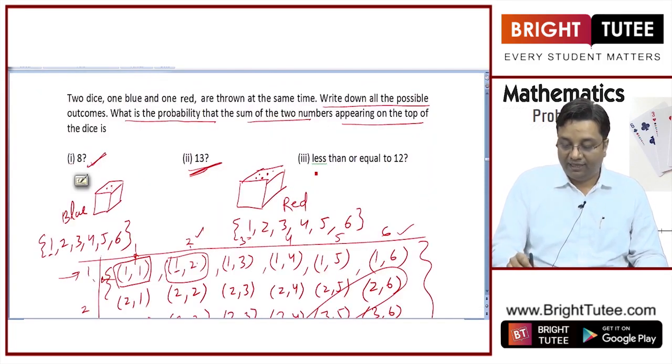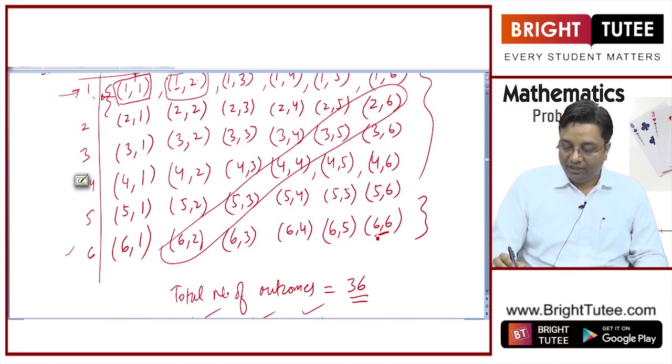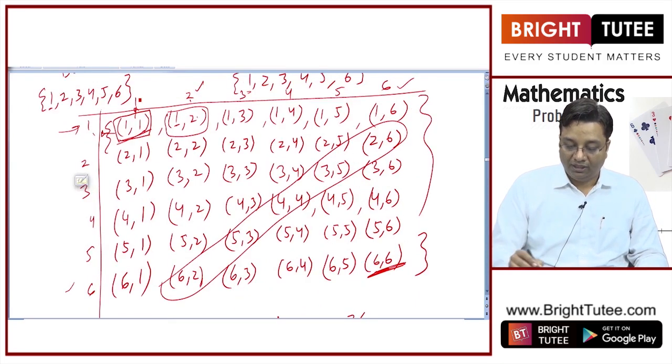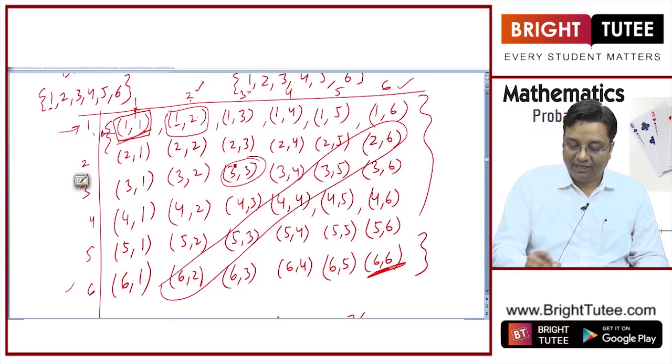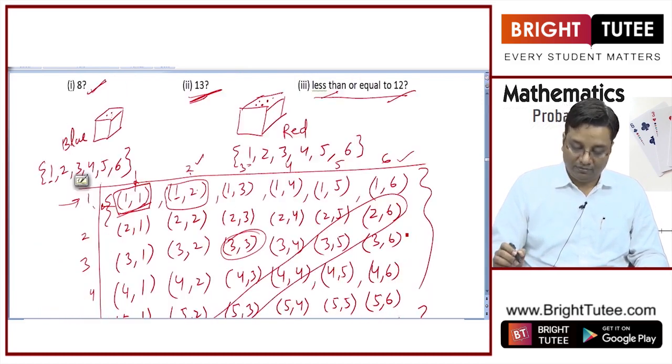Let us talk about this less than or equal to 12. What is the maximum sum? It is 12. What is the minimum sum? It is 2. So, in every case the sum will be less than or equal to 12.